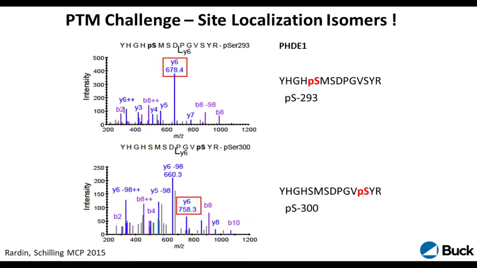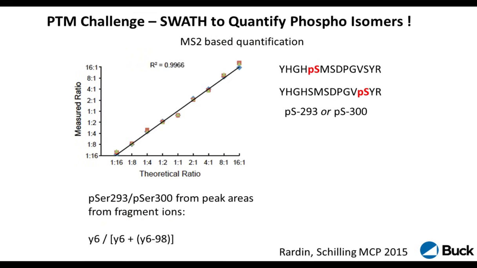So this is actually quite interesting and has become something important in our lab, and we have developed some algorithms to differentiate these isomers and to quantify them independently by choosing these ions that are specific for one or the other isoform. So we generated some synthetic peptides here, these two peptides that I'm showing, and mixed them in at different ratios as I'm showing you on the next slide, and then tried to see if we can get a linear signal when we measure this with mass spectrometry.